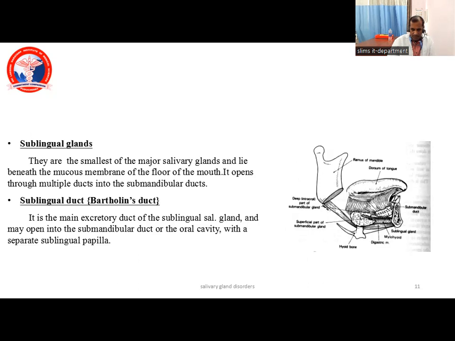Now, when you see this picture, you can very well see the superficial part of your submandibular gland associated with the mylohyoid, the deep intraoral part of your submandibular gland, and this is the hyoid bone.